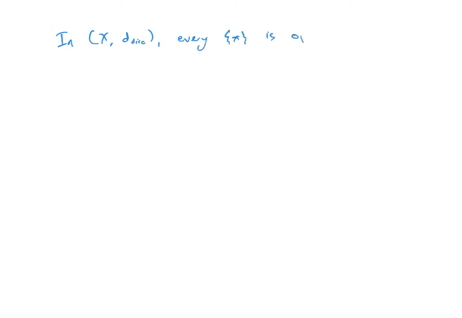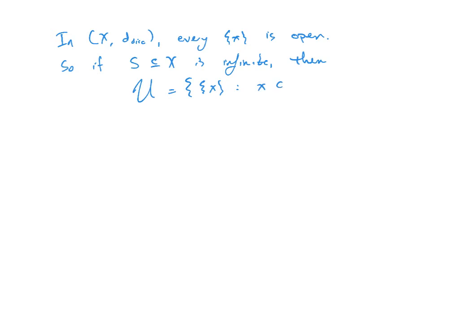So this is the thing. In a discrete metric space, every singleton set is open, because every set is open. Okay. So if S is infinite, then there's an open cover of it, and it doesn't have a finite subcover.